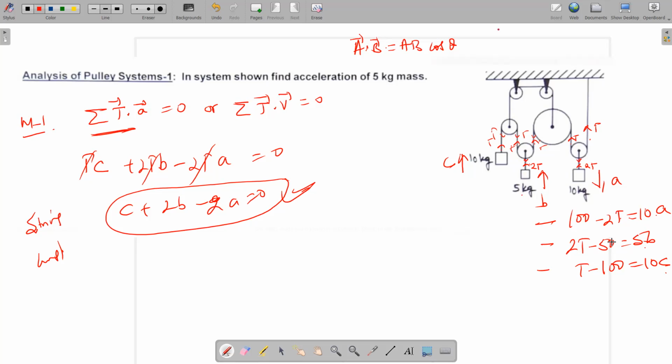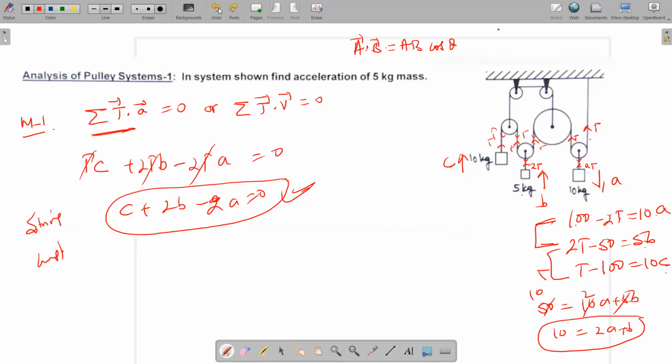We'll solve these equations and we'll get the value of the acceleration of the 5 kg block, that is B. Now see, from these two equations, if you add, 2T cancels, 100 minus 50, that is 50, equal to 10A plus 5B. 5 gone, 10 equal to 2A plus B. Now, for these two equations, multiply by 2 and then subtract.